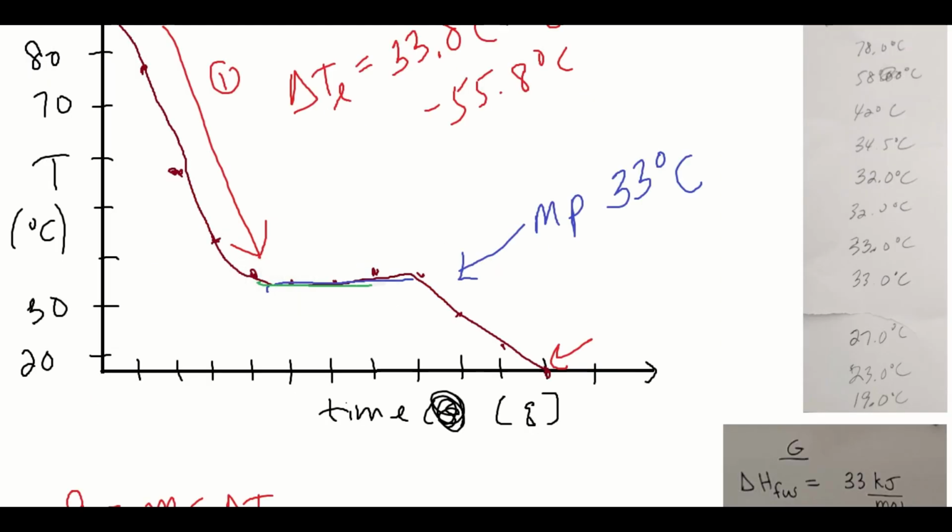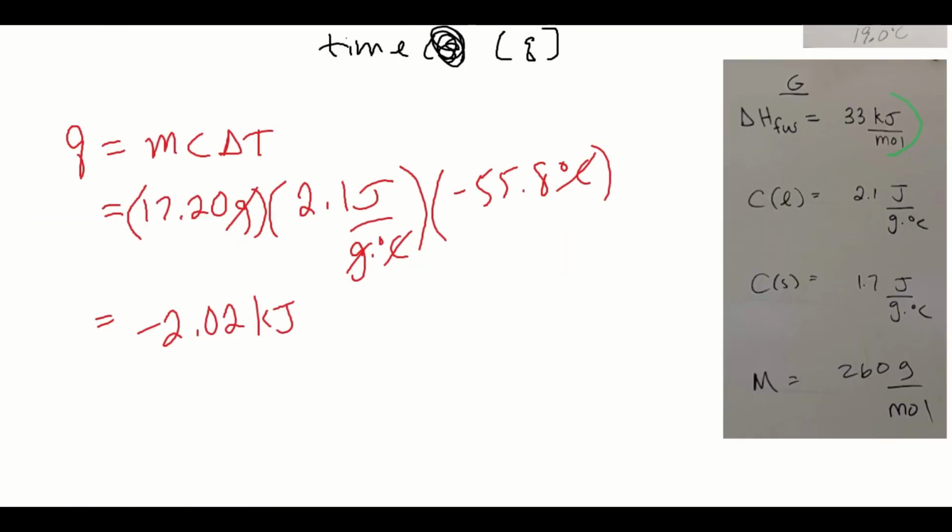Now let's find out how much heat was lost going through the phase change. To get that information, we need the heat of fusion for substance G, which is given to us as 33 kilojoules per mole. Now we need to convert grams to moles using the molar mass before we can use this enthalpy of fusion. So I'll do this in green, the heat released during the phase change. My sample had 17.20 grams of substance G. The molar mass is given to you.